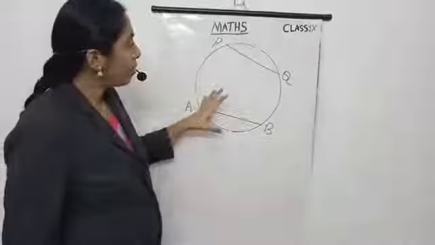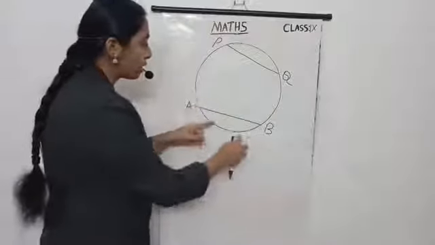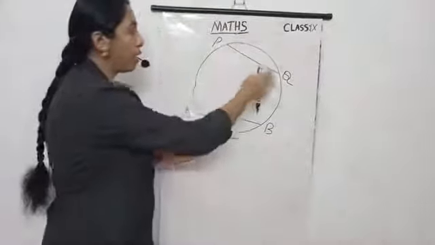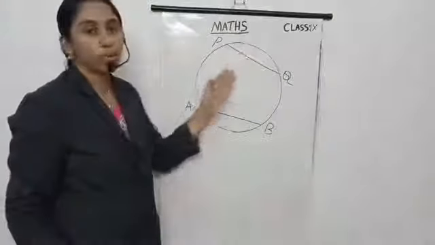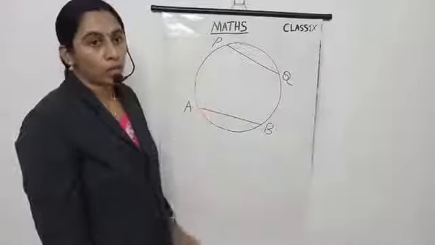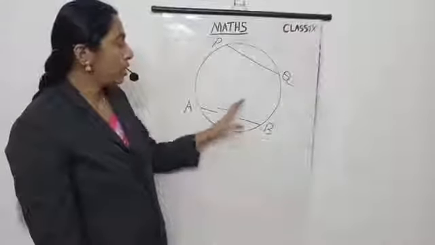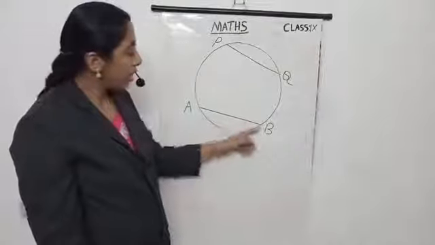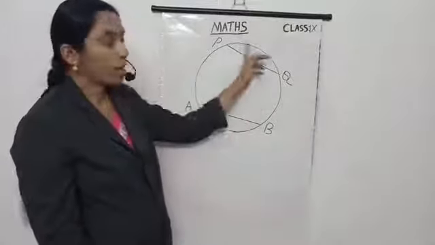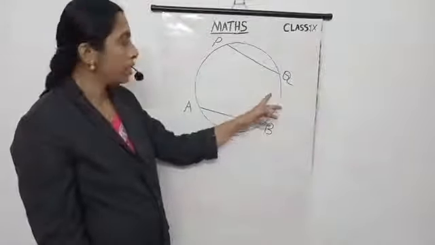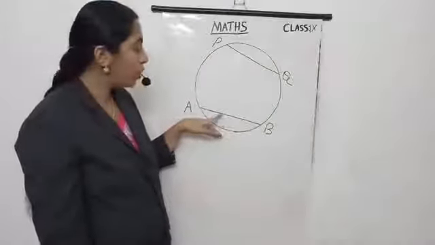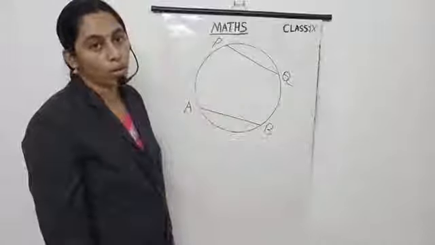Its converse is, if two arcs are congruent, then the chords are equal. So the statement is: if two chords are equal, then their corresponding arcs are congruent, and conversely, if two arcs are equal, then the corresponding chords are equal.